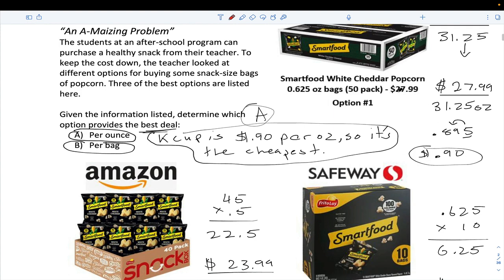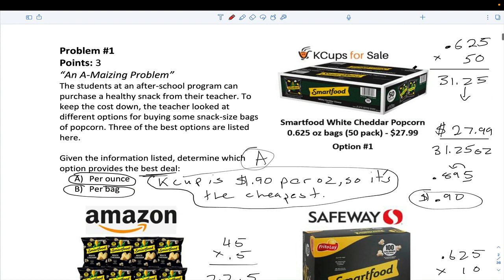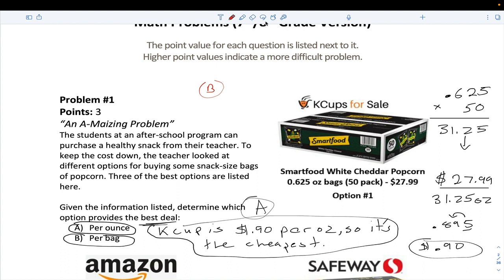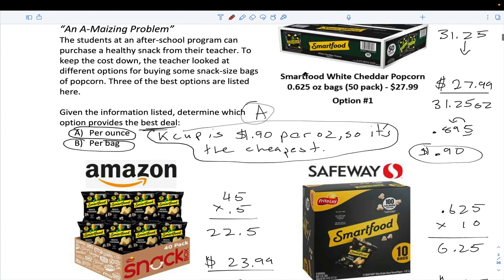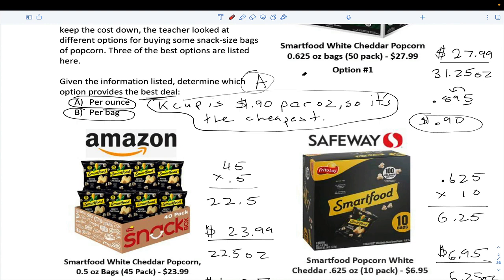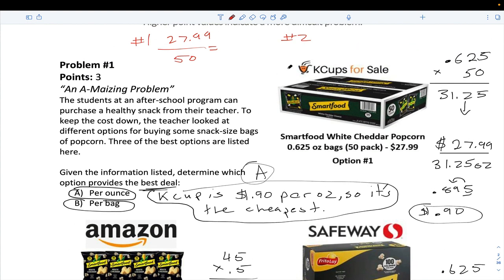So option 1 is $27.99 divided by 50 bags, which is 0.559, so 56 cents per bag.